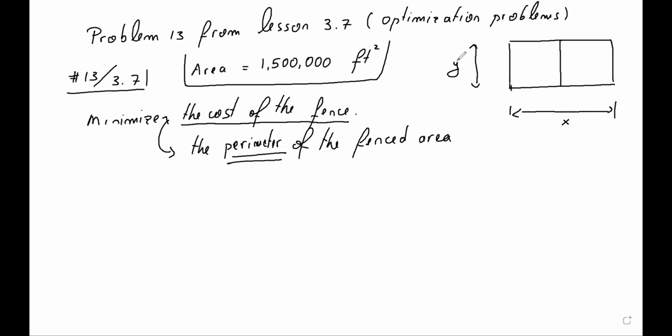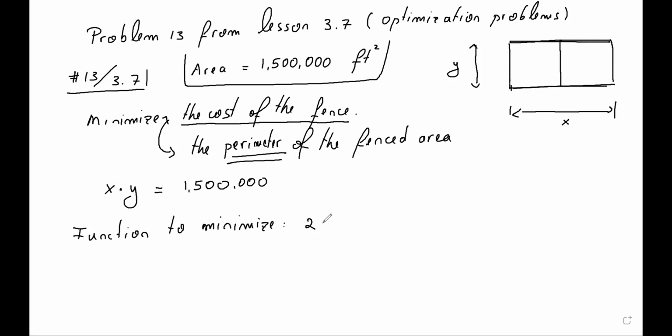So the farmer knows that X times Y is 1,500,000, and he also wants to minimize. The function he looks after, the function to minimize, is going to be the length of the perimeter of the enclosed area, which would be X over here and another X from here, so that will be 2X.